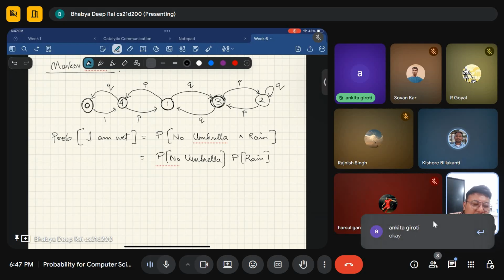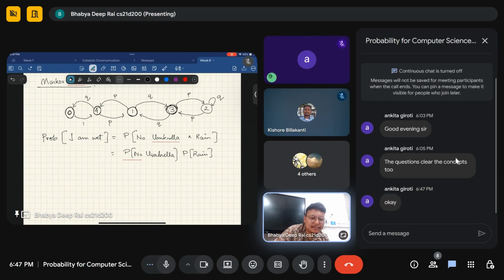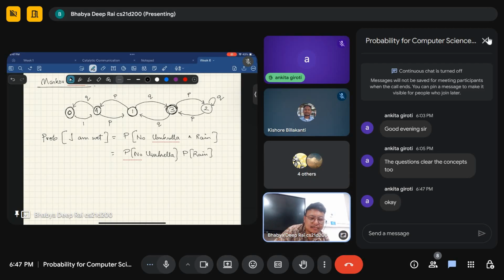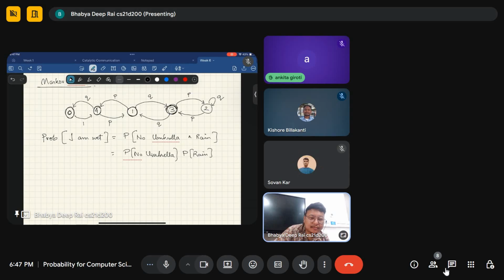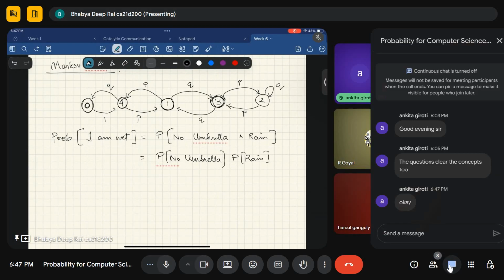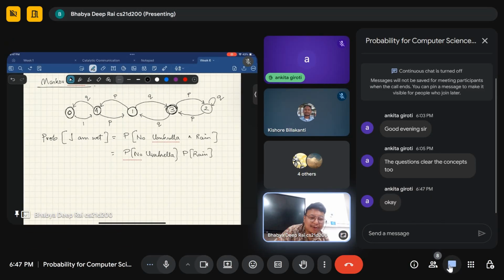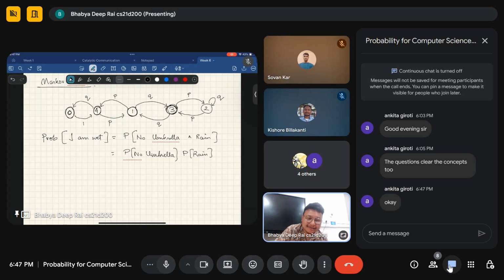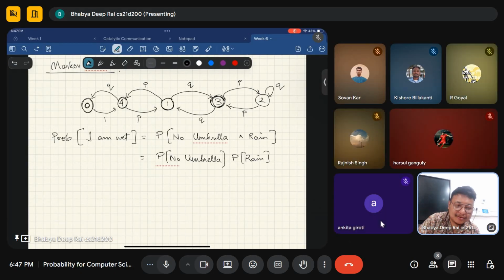Can you use the chat then? Maybe you were raising your hand. You're still raising your hand, that's why I asked you. Okay, now it's on. So that hand raise was by accident, Ankita.